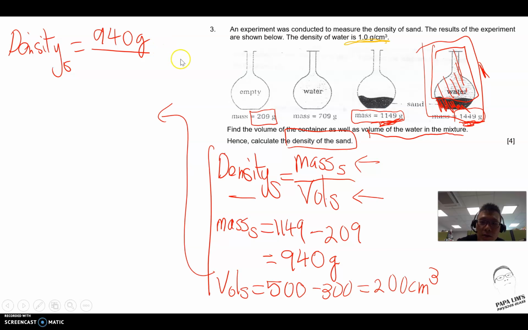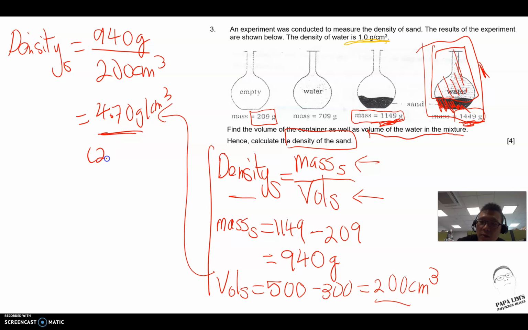Volume of the sand will be 200 centimeter cube. If I substitute these two and I look at my calculator, I will have the answer of 4.70 gram per centimeter cube. This will be 2 SF or 3 SF, both we accept. So you write 4.7 or 4.70 as your answer, it is okay with us. With 2 or 3 SF we accept.